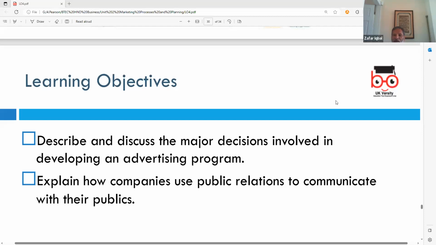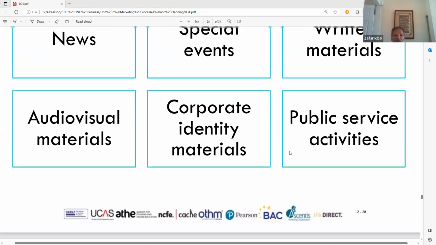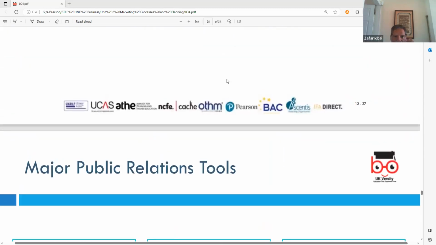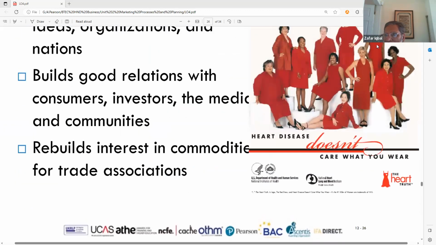So these were our lesson objectives, and we also talked about how we can promote our products using the internet and media, and different types of campaigns. Hopefully we got the message which we set out to do.